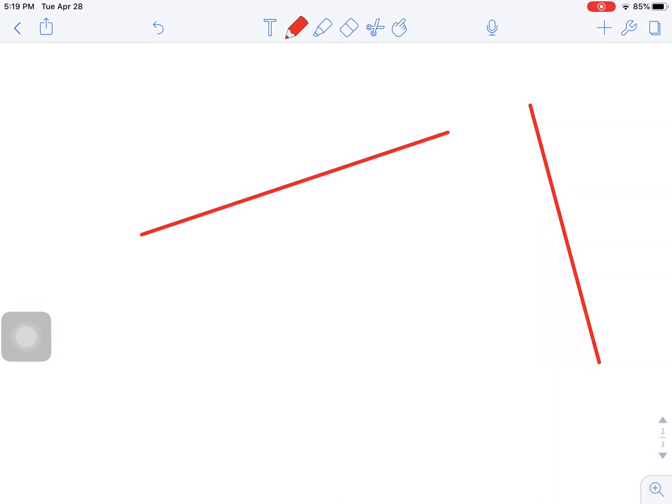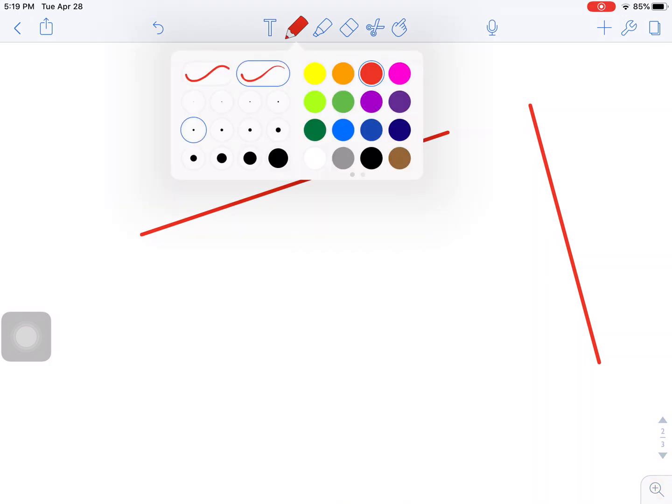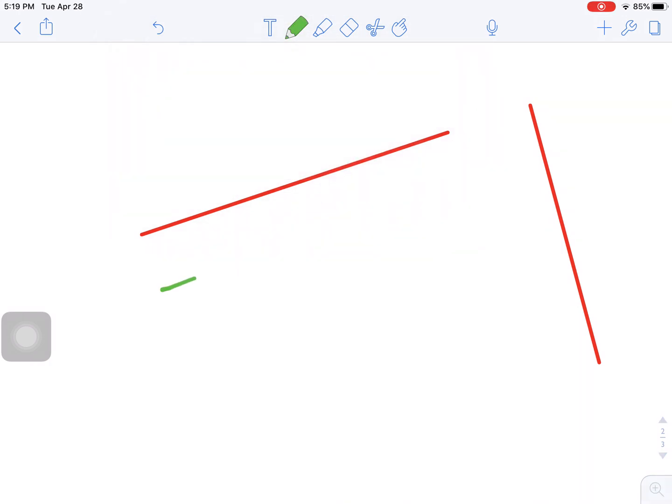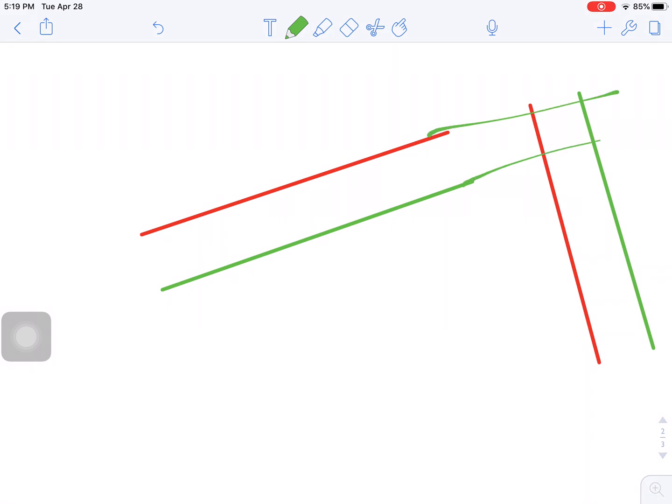If these are two lines and I need lines that are parallel, I would just make sure that they are an equal distance apart and they never touch. Here, I would make a line segment that is an equal distance apart and will never touch. These two will end up extending and crossing each other, but the lines that they are next to, they will not cross, so they are parallel.